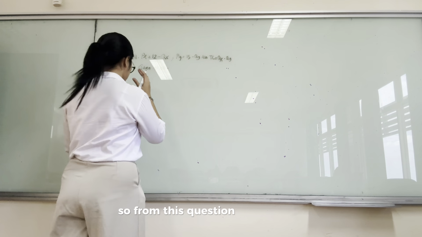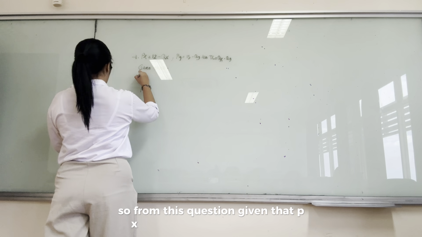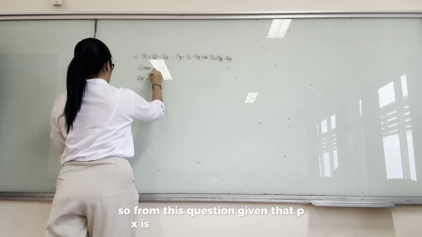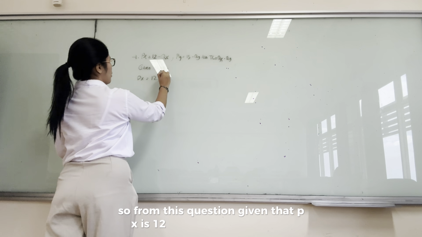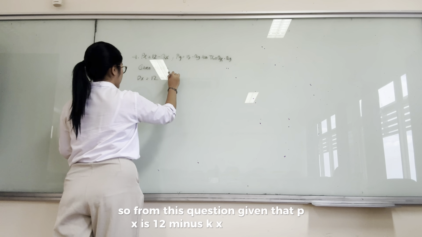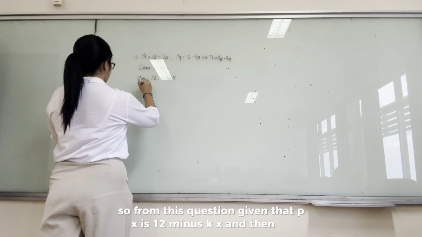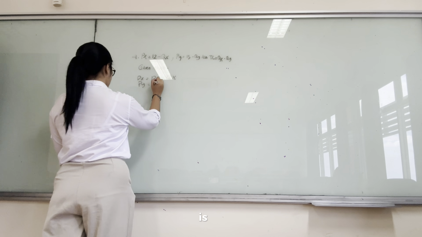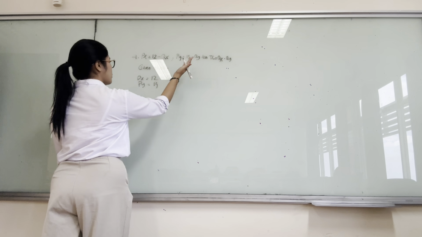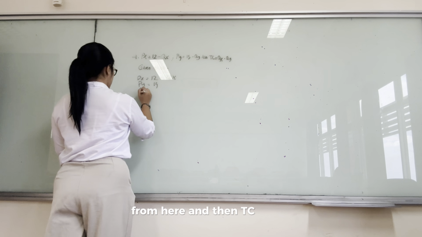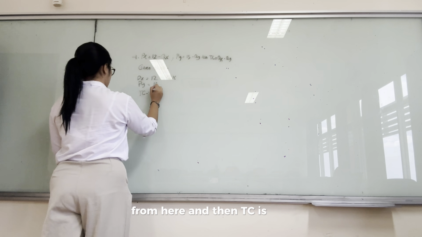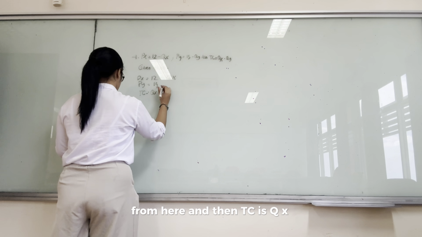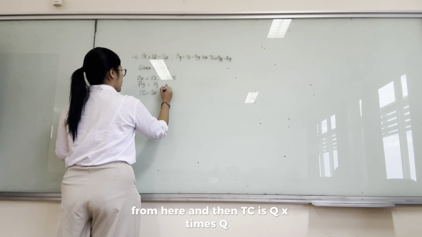So from this question, given that Px is 12 minus Qx, and then Py is 15 minus Qy, and then TC is Qx times Qy.